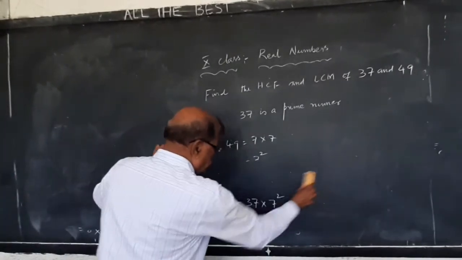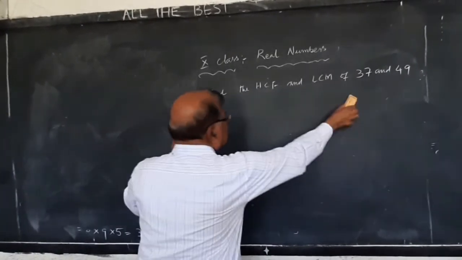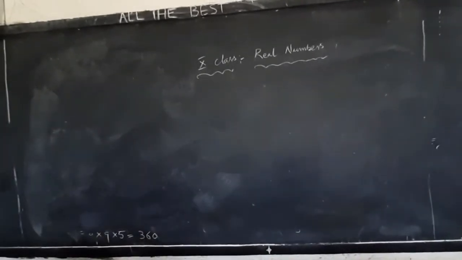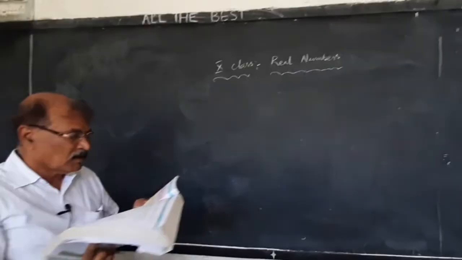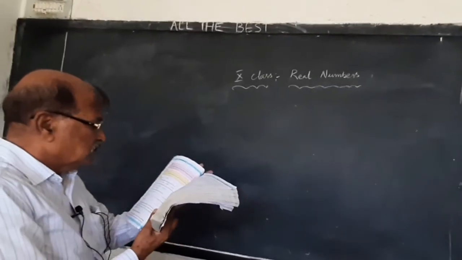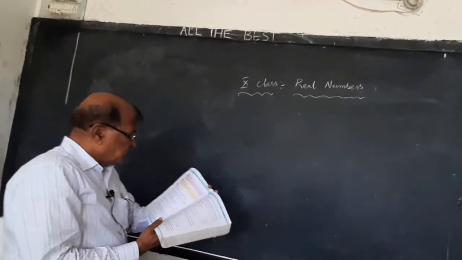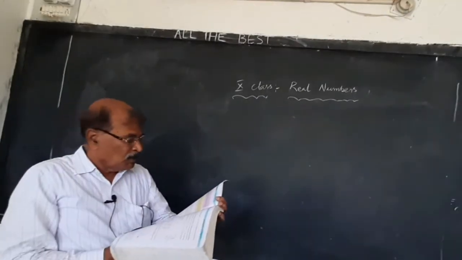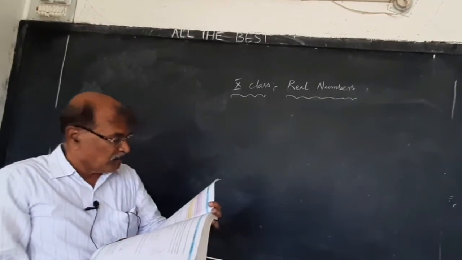So let us go to another problem in exercise number 1.2. Express each of the following numbers as a product of its prime factors, which you can do very easily.